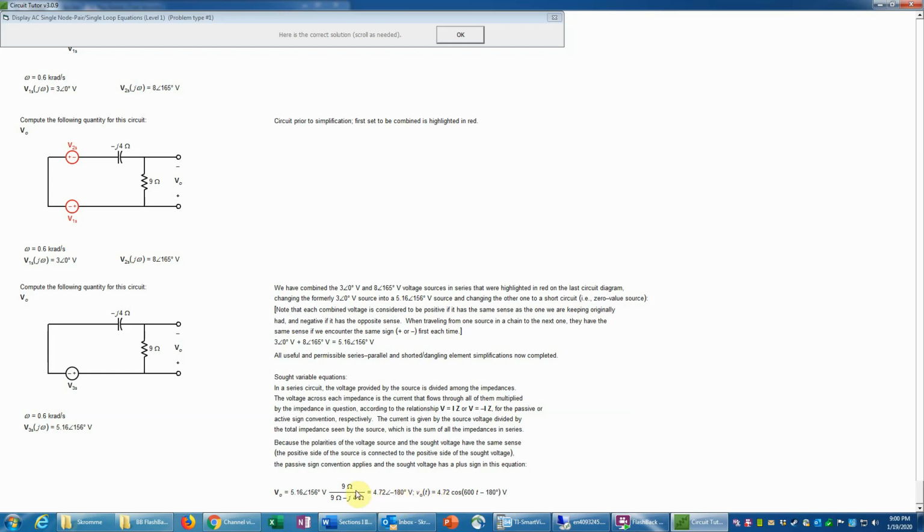So the corresponding voltage in the time domain then, which is a function of time, would be this magnitude times a cosine function of the angular time frequency, which, as we were told, was 0.6 kiloradians per second, or 600 radians per second, minus 180 degrees, because that's the phase angle, and that would be in units of volts, just as the phasor is. Both the time domain and the phasor have to have the same units. So that's just an example.